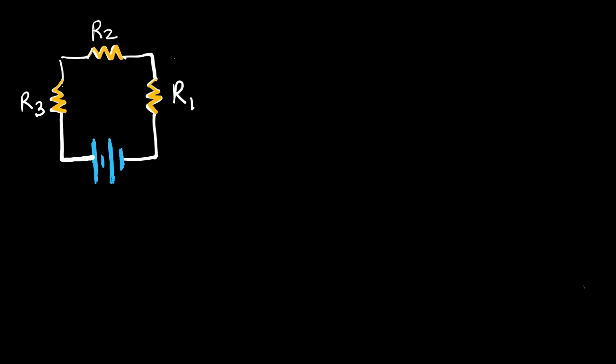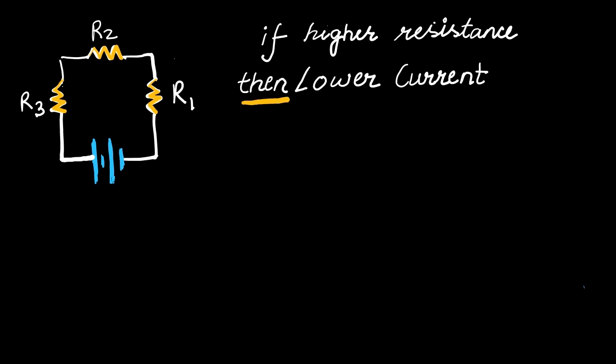Now you might be thinking that the current should be lower in the resistor with the highest resistance? And this makes sense because higher resistance should make it harder for the current to flow, right? If higher resistance, then the current should be lower. It seems like a valid idea.